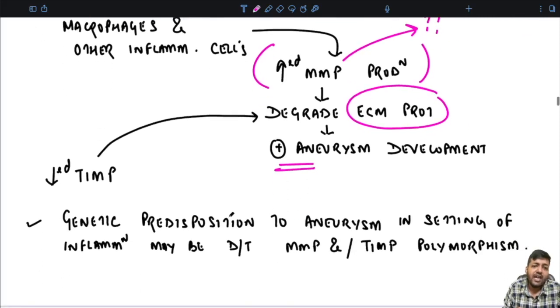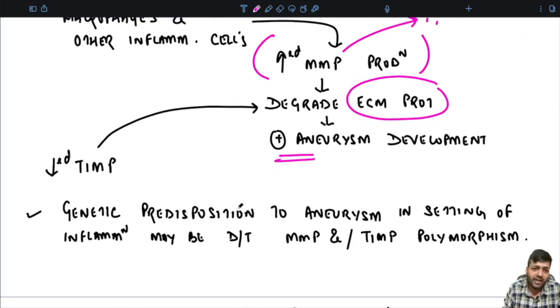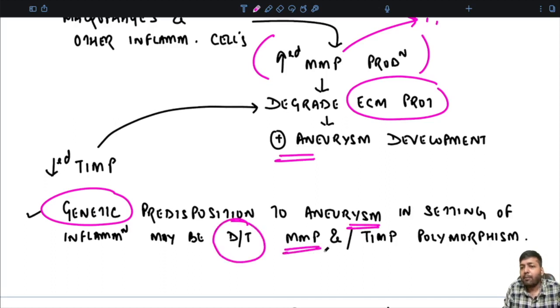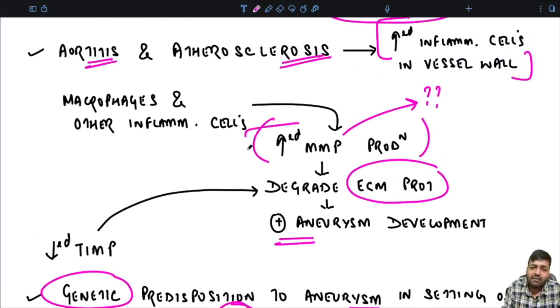Not only this, always remember that in such conditions there can sometimes be a genetic predisposition to aneurysm in the setting of inflammation, which may be due to either MMP polymorphism or TIMP polymorphism. Also remember, excessive MMP production can lead to aneurysm.